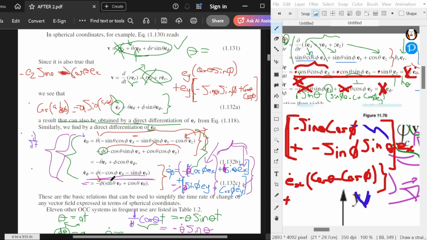It has nothing to do with this, because that's already dealt with. Cos phi EX, cos phi EX, sine theta ER. XYZ isn't just placeholders, they're actually XYZ, because we got these equations from relating Cartesian to spherical. Sine theta ER, cos phi EX.